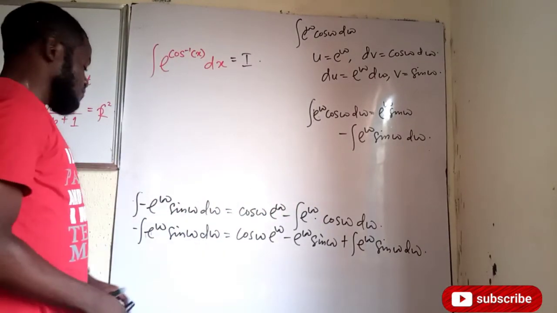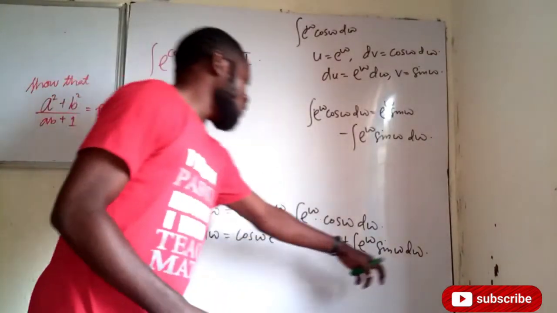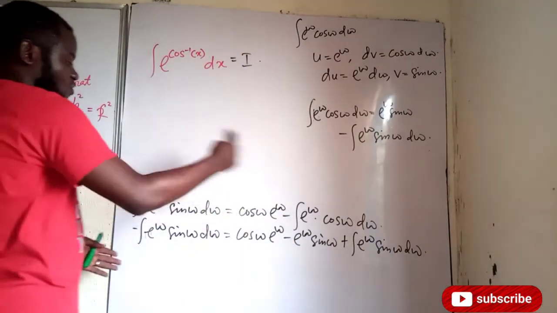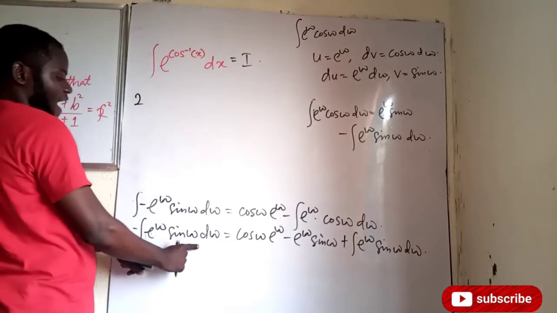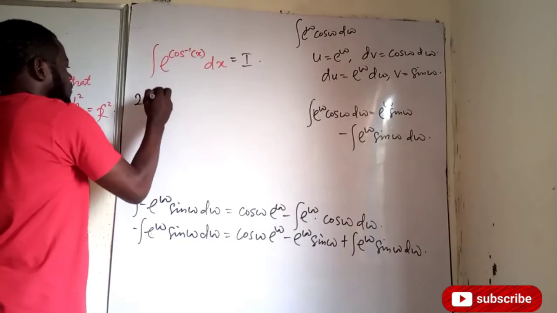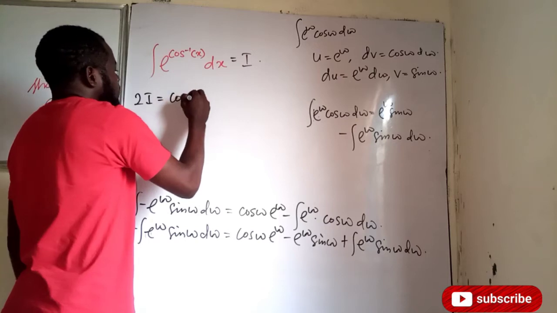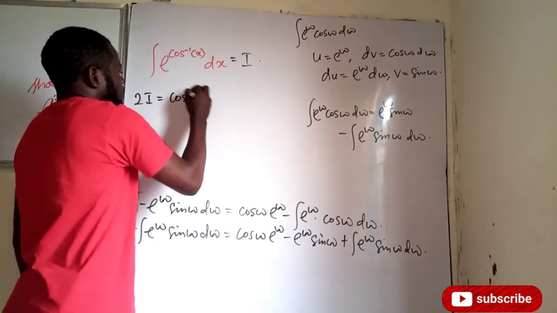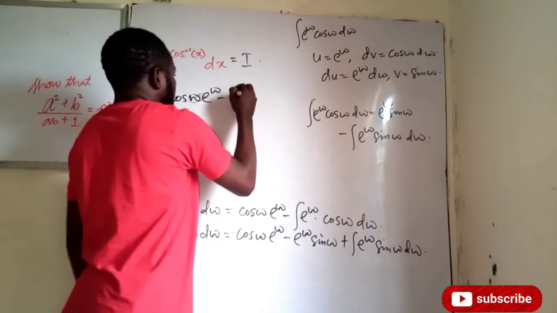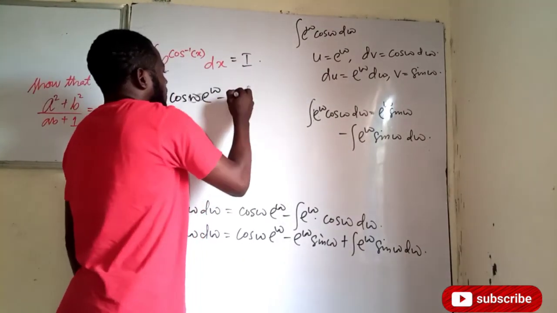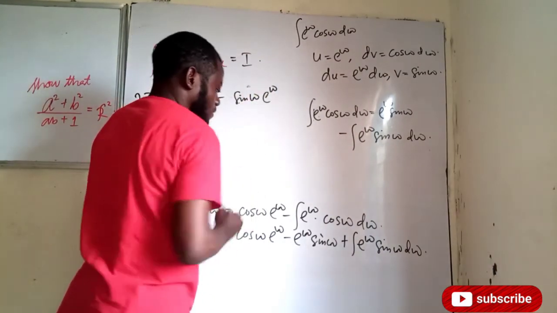It seems it's getting boring because it's too long and a bit tasking. So if you look at what is here and what is here, it's the same thing. So let's collect the like terms. Let me call this one I. So I have 2I equal the cos of w e to power of w minus sine w e to power of w, like that.